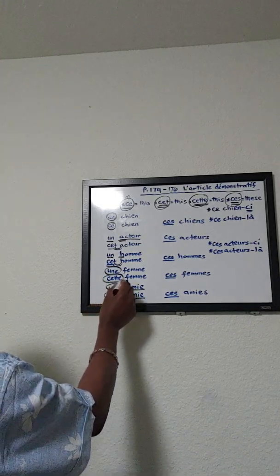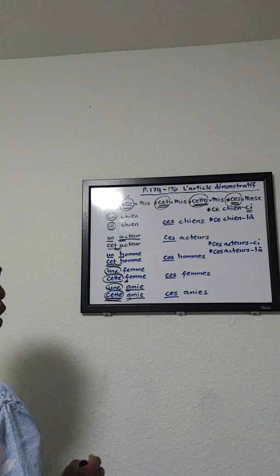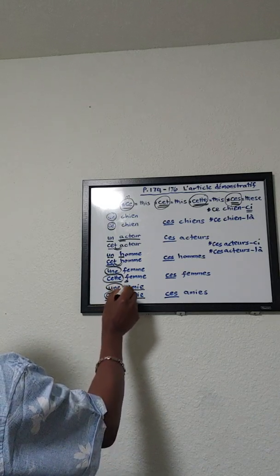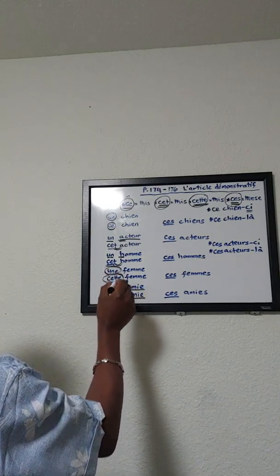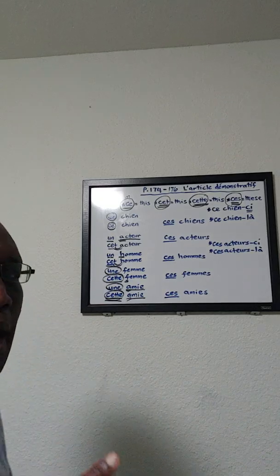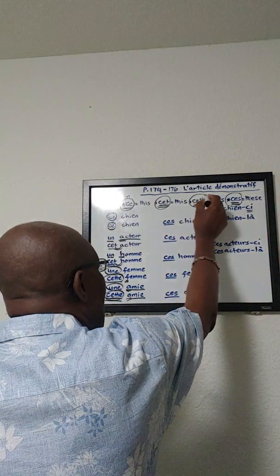We use cette femme. This one begins with a vowel. We still went ahead and use cette femme. So it does not matter if the singular feminine noun begins with a vowel. We will use cette.